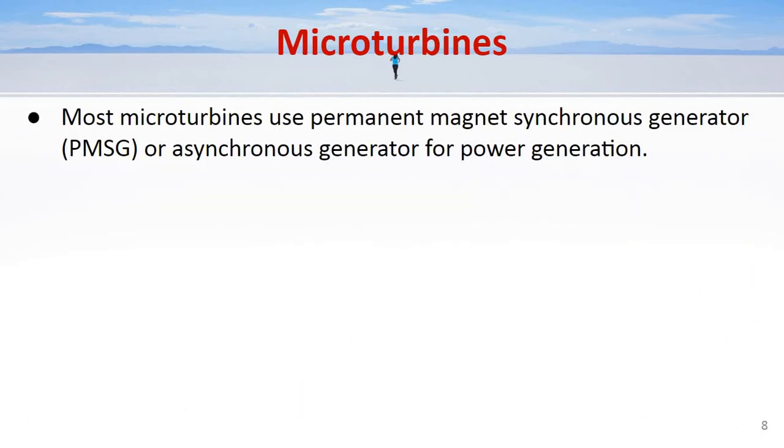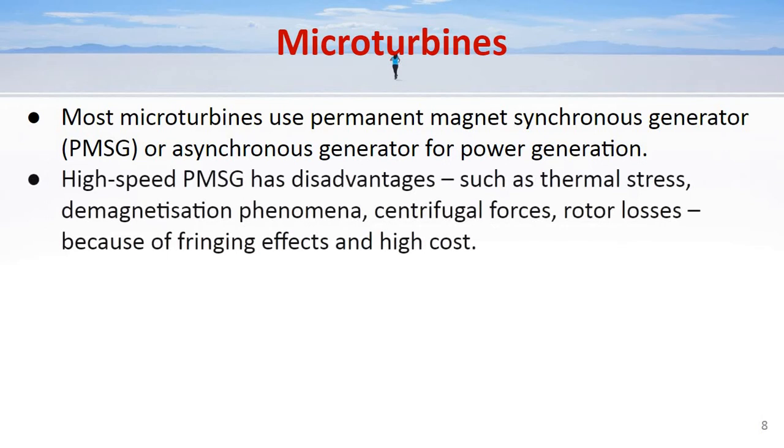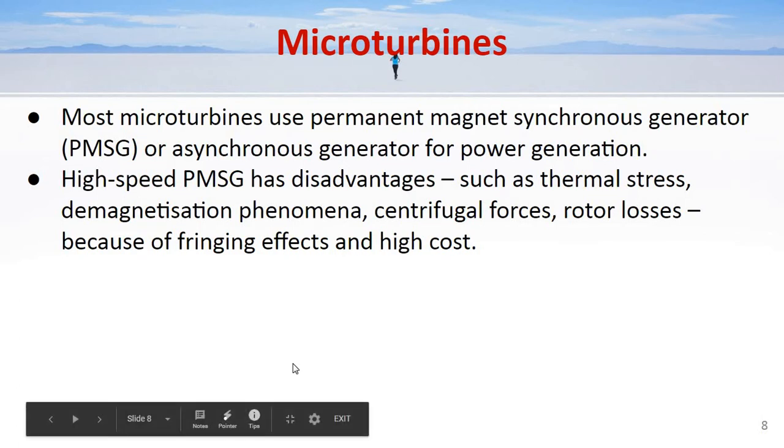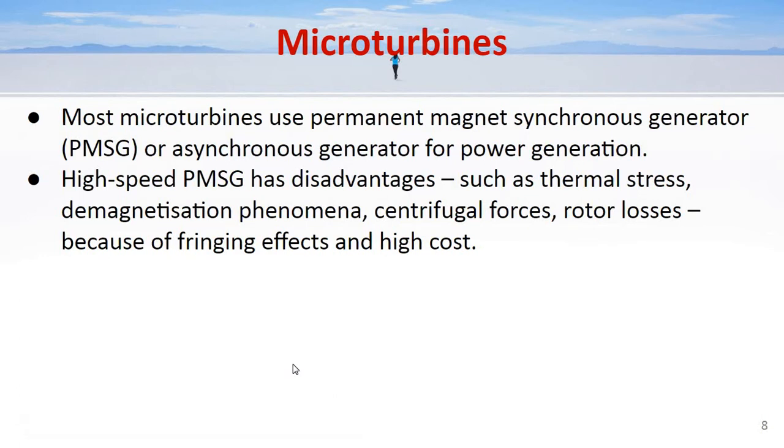Most microturbines use a permanent magnet synchronous generator or an asynchronous generator for power generation. Now this high speed PMSG has many disadvantages, such as thermal stress, demagnetization phenomena, centrifugal forces, rotor losses because of fringing effects, and high cost.